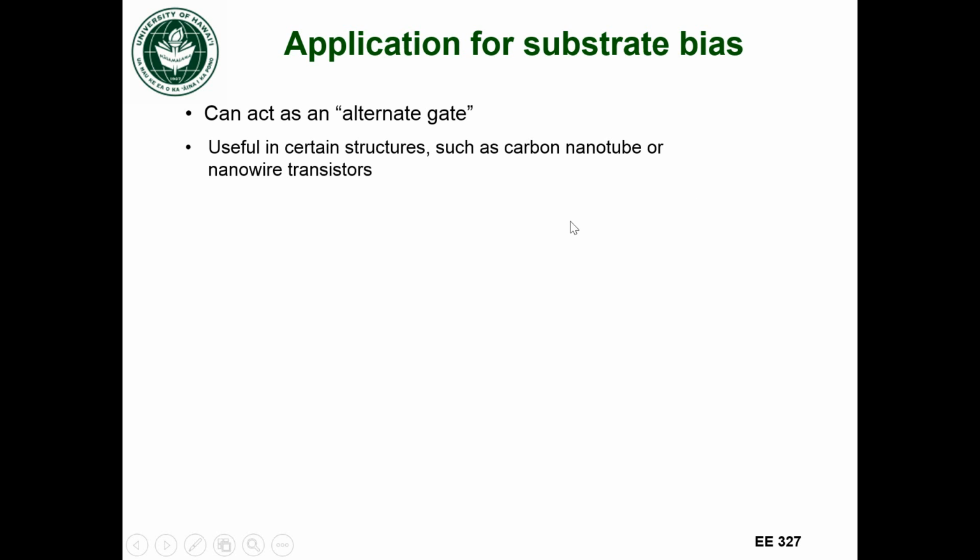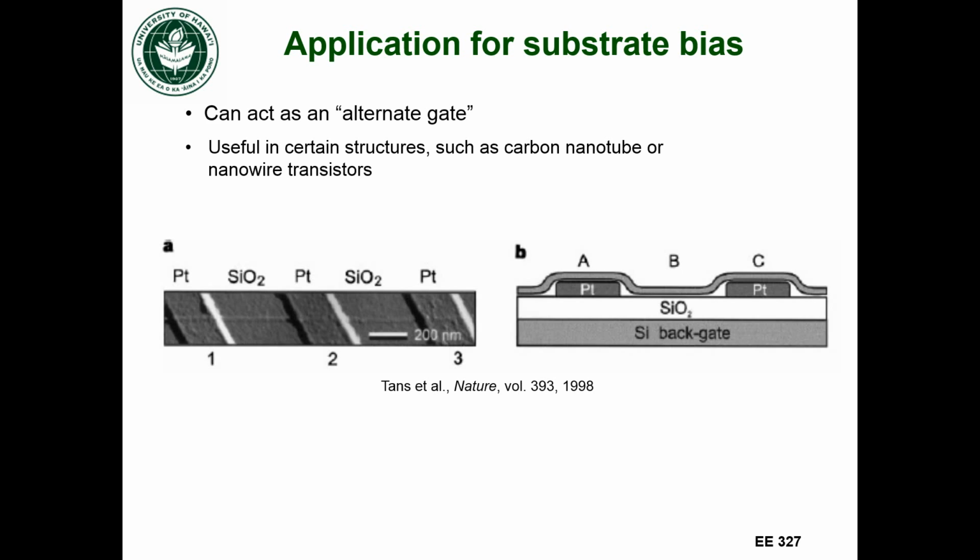But in a carbon nanotube or nanowire transistor, the idea is that you replace the channel between the source and the drain with a carbon nanotube or a nanowire, a very good conducting channel, but you can also turn on and off that channel by modulating the electric field through it. So this is a photo of some carbon nanotubes across some platinum electrodes.